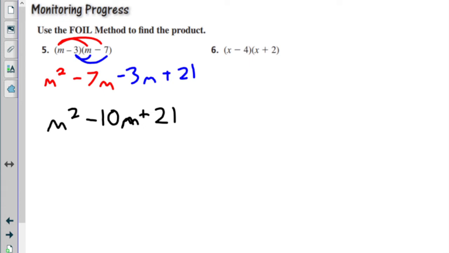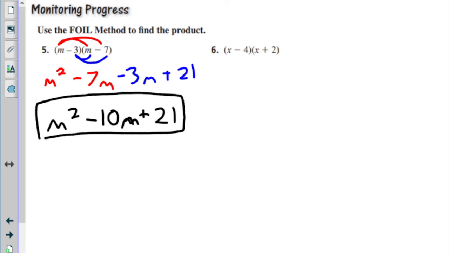So again, notice that that came from adding this negative 7m and the negative 3m. Because again, tomorrow I'm going to give you this thing and ask you to come up with the fact that this is m minus 3 times m minus 7. That's where we're headed with this tomorrow.